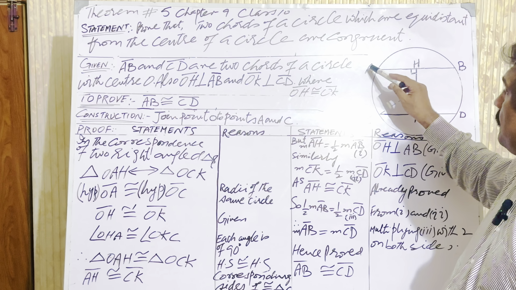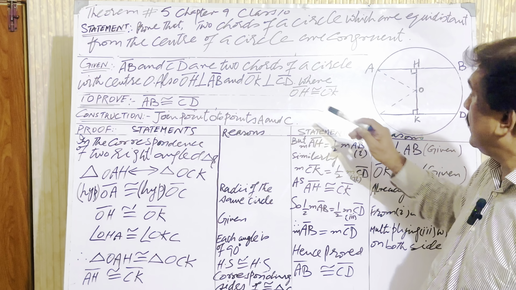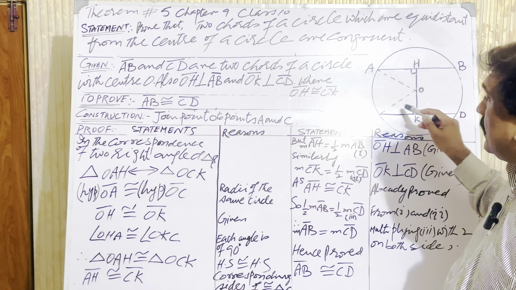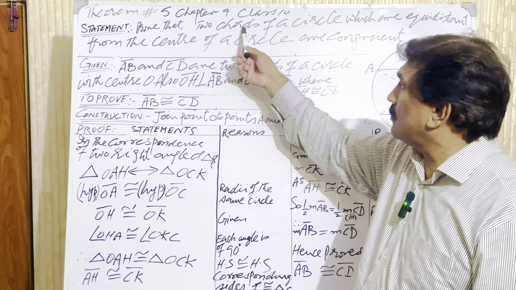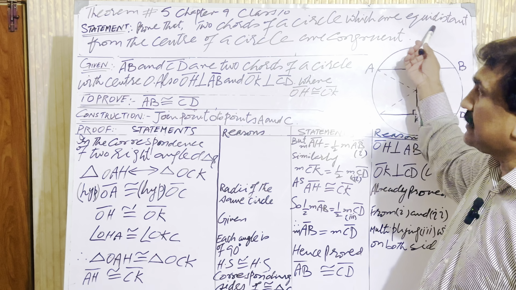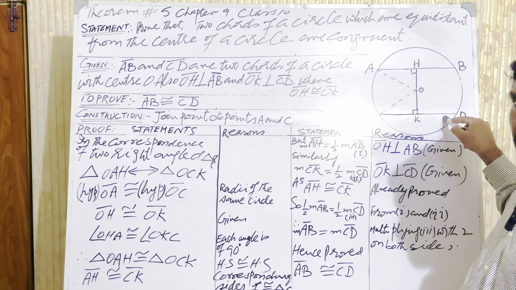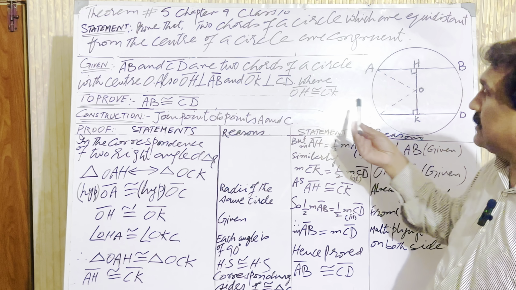So the distance of chord AB from the center is OH and the distance of chord CD from center O is OK. As they are equidistant, OH will be equal to OK.